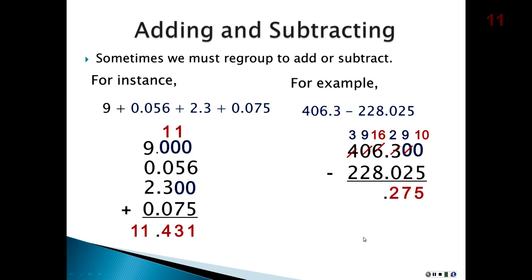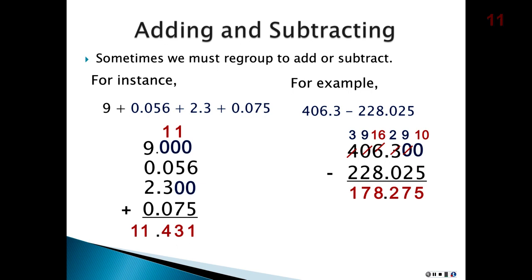So 16 minus 8 is 8. And 9 minus 2 is 7. And 3 minus 2 is 1. So my answer is 178 and 275 thousandths.